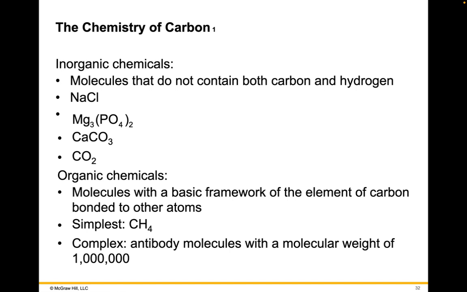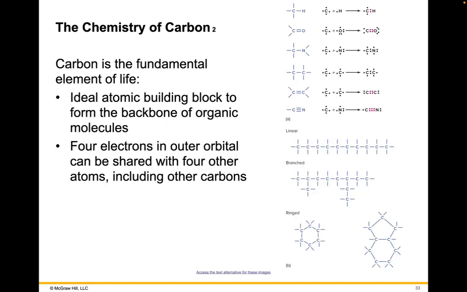Now, there are some major complex ones like I mentioned. For example, antibodies are huge molecules and have specific shapes, and we'll see that in a little bit. So carbon is ideal because that atom is abundant, that atom is everywhere, and because it has 4 valence electrons in its outer orbital, it needs to share 4 other electrons with other atoms.